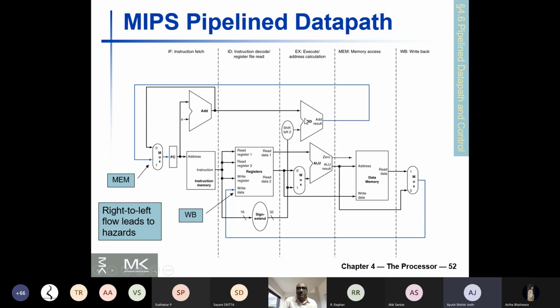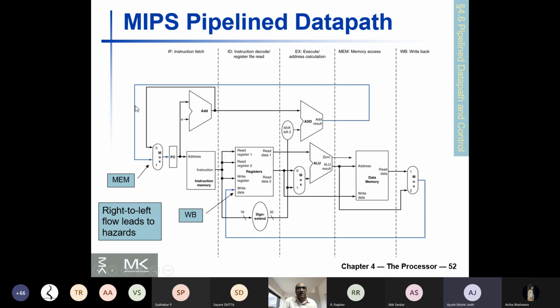Whereas in case of pipeline, we are deviating from that. In case of pipeline, you can assume that an instruction will be executed through these 5 stages, and then you can use these 5 stages effectively by using multiple instructions.